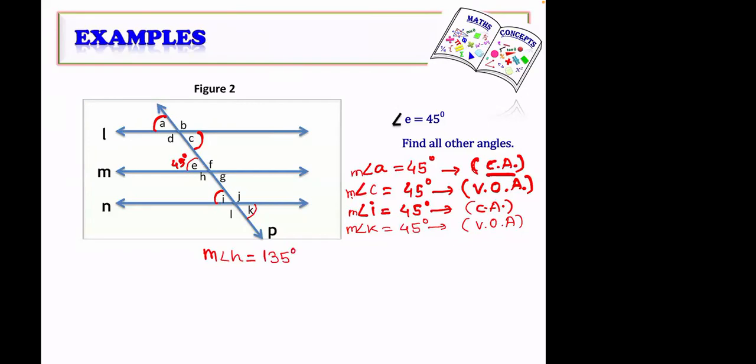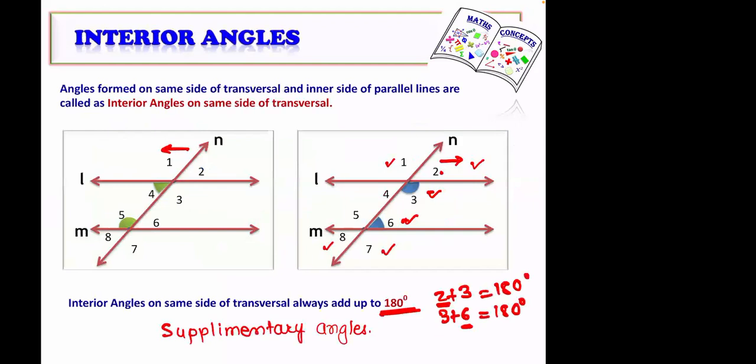Ayush, see, we know this is 45 degrees. I is 45 degrees. H and I are interior angles, and they add up to 180 degrees. In the previous slide, we saw these two angles would add up to 180 degrees.